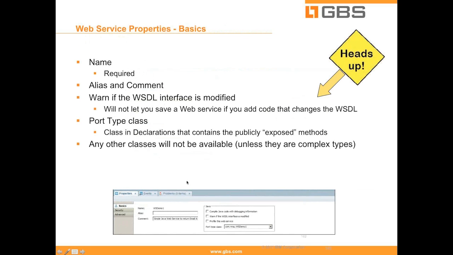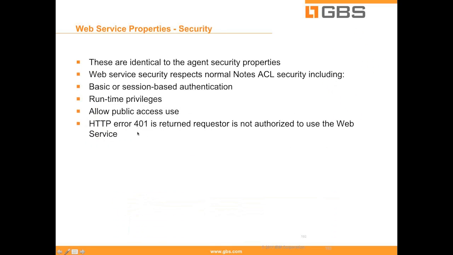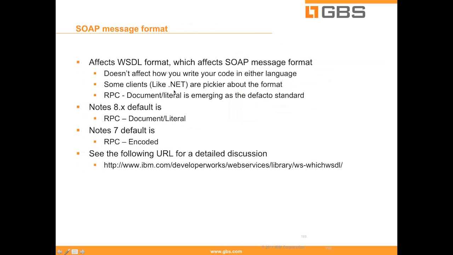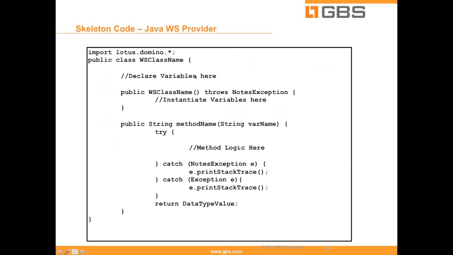Inside the sample database, if you've not done anything with web services, then certainly nothing to be afraid of here. I've taken you down through the basics of creating web service providers and then also web service consumers. I can let y'all read through this and I'll jump to the example. This is the shell of what a web service provider looks like.